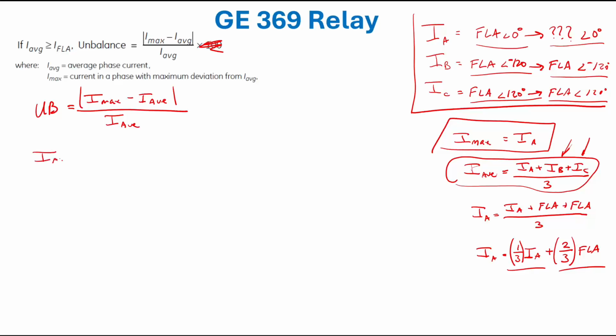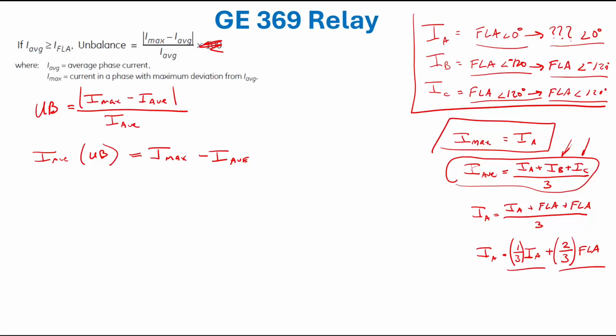So this is IAV times UB equals, and we know what the intent of this is. It's just phasors, magnitudes only, not directions, and intent to keep it above 0. So it's Imax minus IAV. Just make sure that we meet the intent of the absolute value sign.